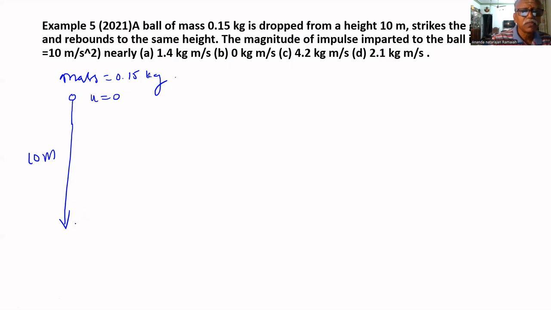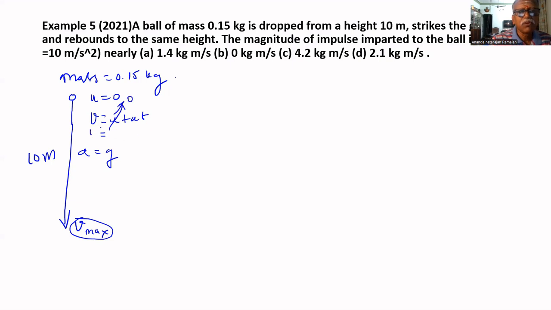U equal to 0. Here, the final velocity will be maximum because of acceleration due to gravity. A equal to g. We can find this velocity. If U equal to 0, we know that v equal to u plus at. This u is 0.